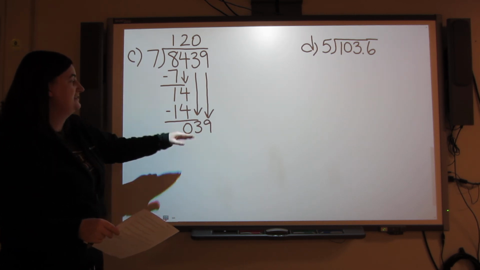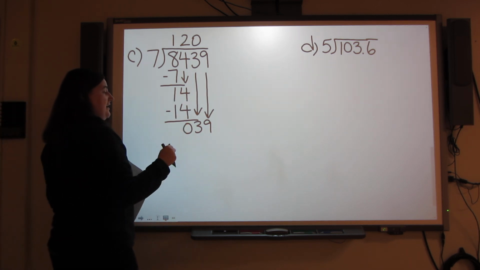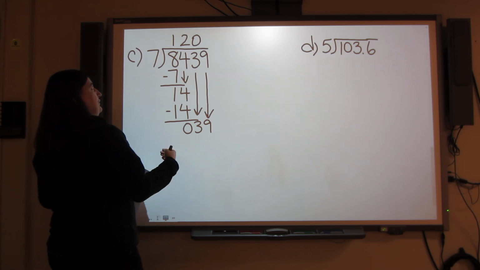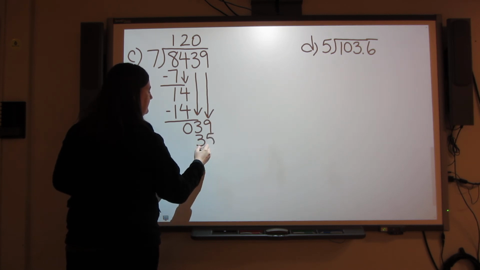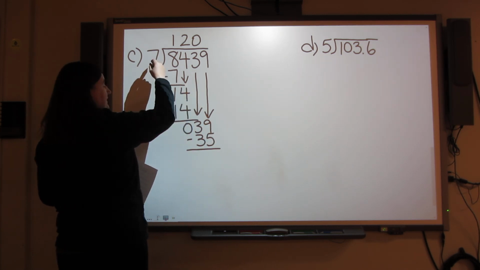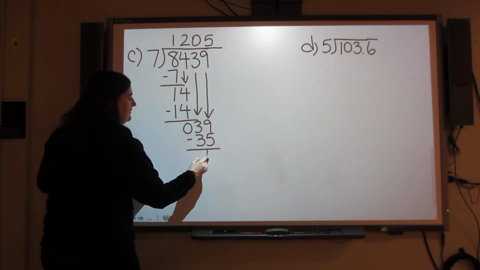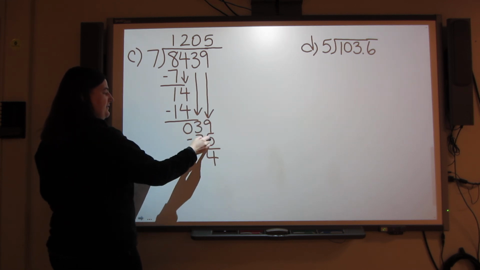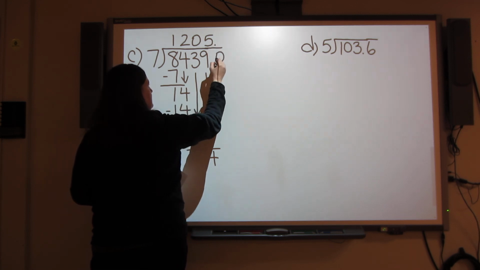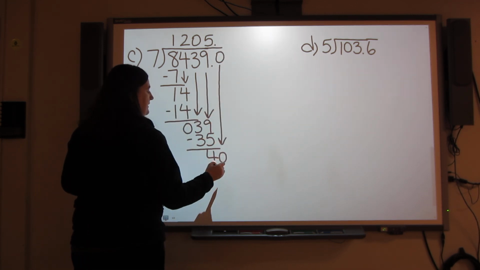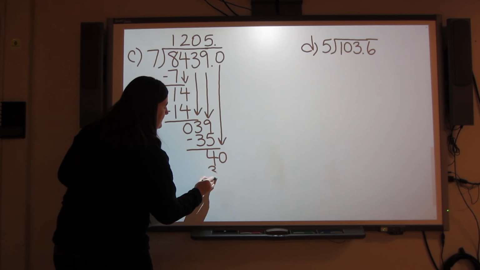And now I've got 7 into 39. What's the closest thing to 39 in your 7 column? It's 35. 7 into 35, it's 5 if you look on the side, with 4 left over. 9 minus 5 is 4. Now I've got a remainder, so decimal, decimal, 0. Now I've got 40. The closest thing is still going to be 35.